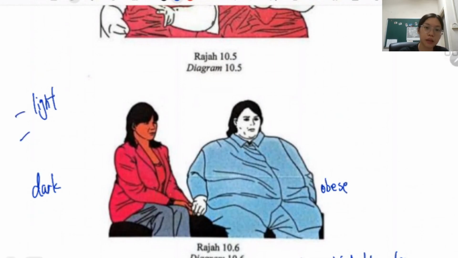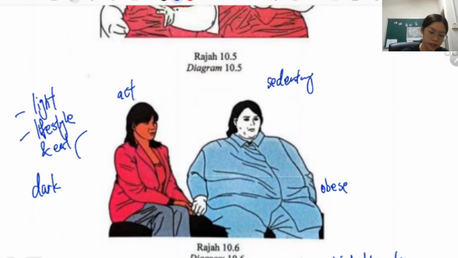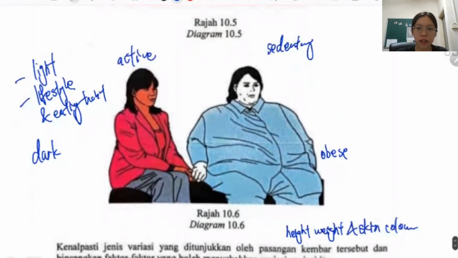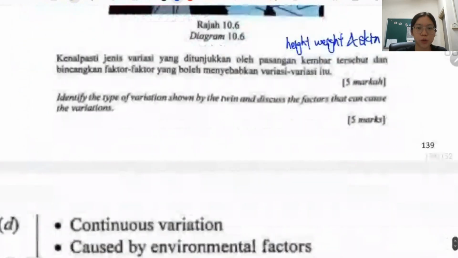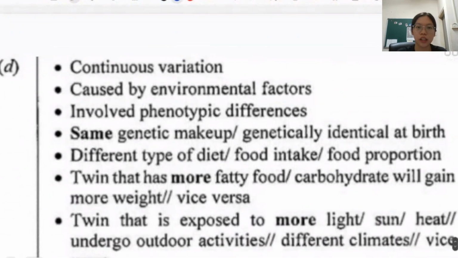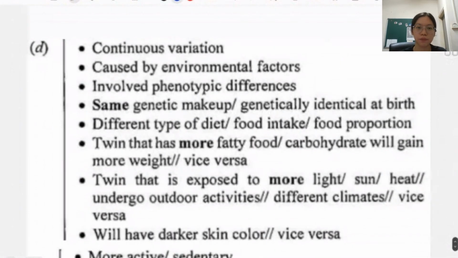And why this person ends up so obese is because of lifestyle and eating habits. She tends to have a sedentary lifestyle, while she tends to have an active lifestyle. For eating habits, you can emphasize maybe she eats high-fat food. So these are the things you can mention here.